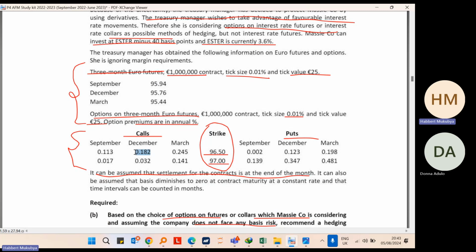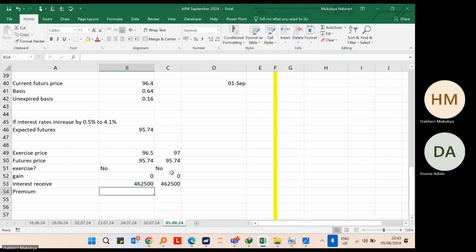So in terms of basis points, that is 18.2, and you are paying it for 25 million, and you are paying it for 50 contracts.